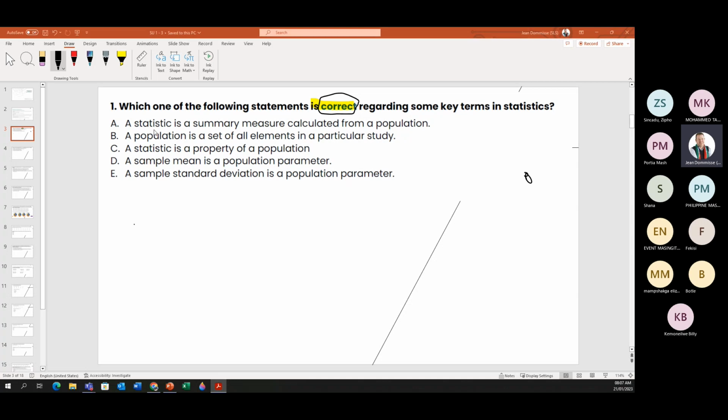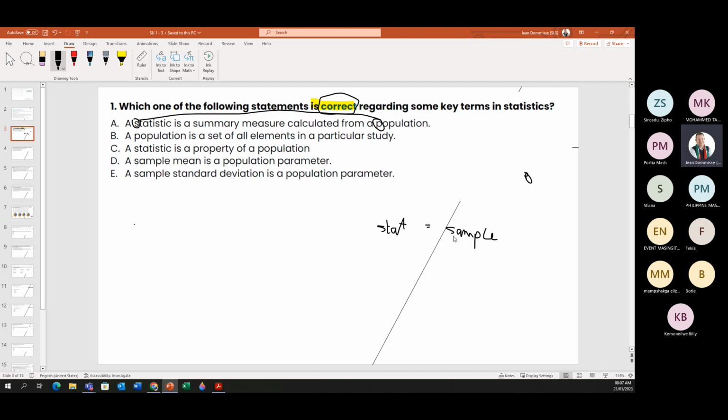A statistic is a measure calculated from a population. What I normally look at is: the statistic and population, are they the same? Normally it's the statistic and a sample.